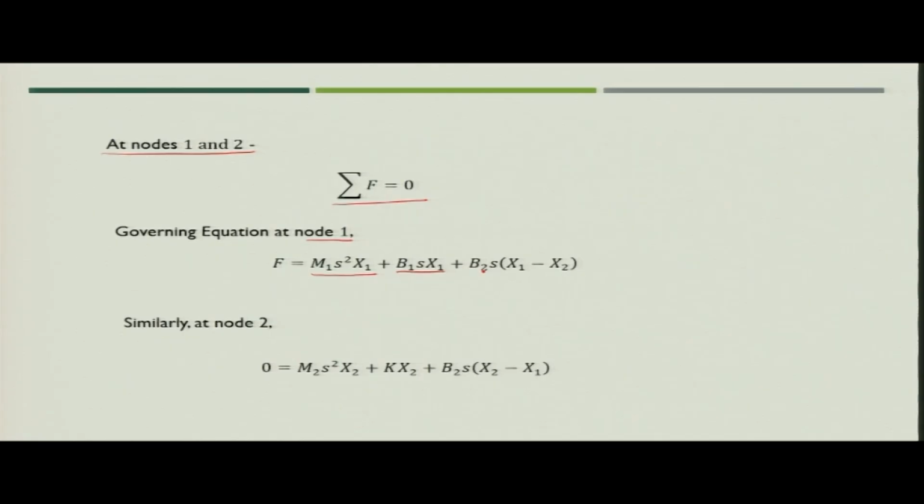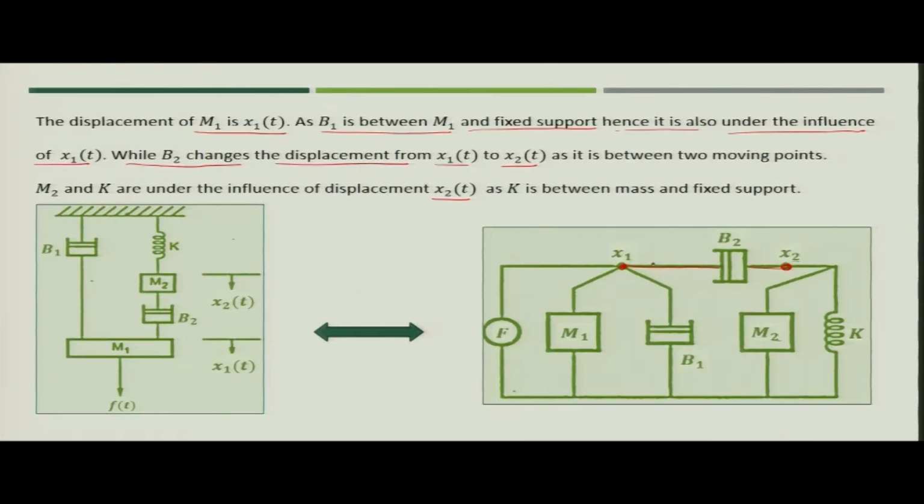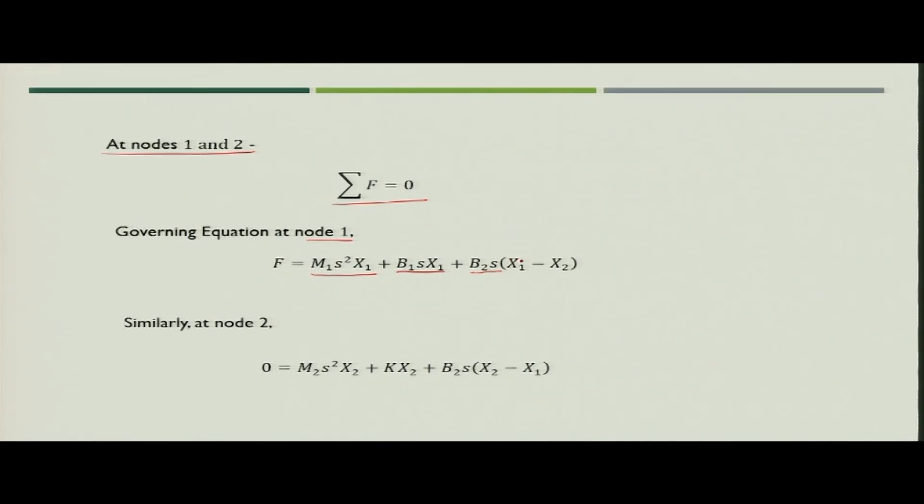Then the element between x1 and x2 is the dashpot b2, which has the equivalent impact b2 s (x1 minus x2). So, you get the force applied on node 1 equal to m1 s square x1 plus b1 s x1 plus b2 s (x1 minus x2), because b2 is connected between nodes 1 and 2.